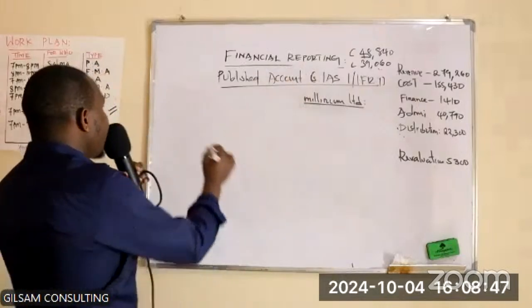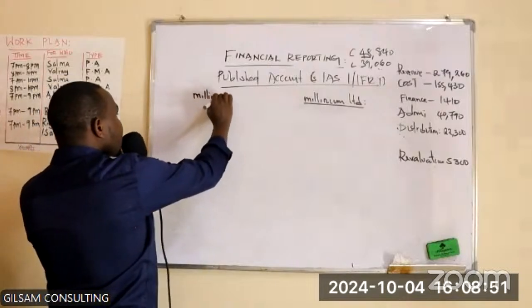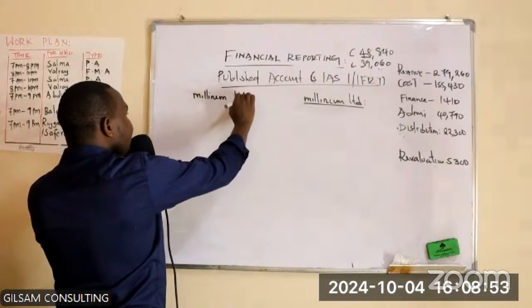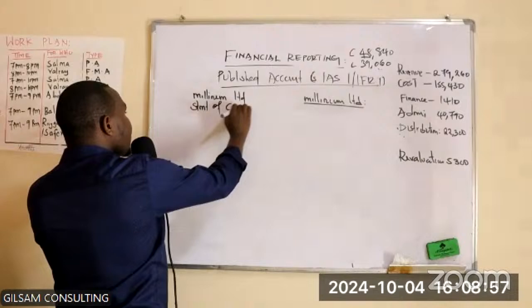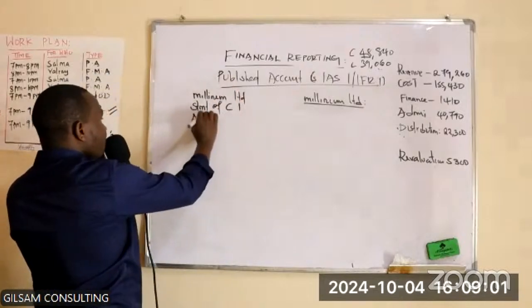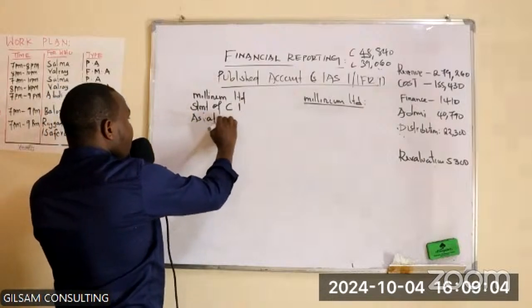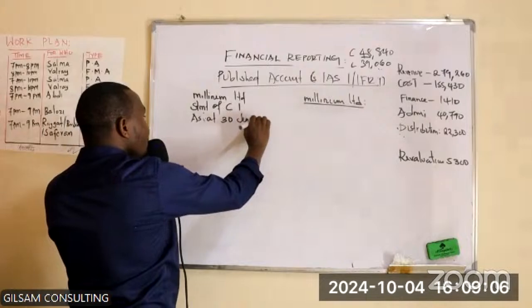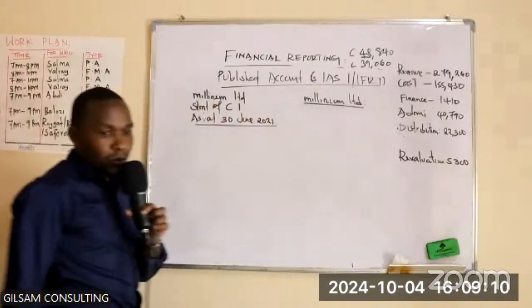So we write here Millennium Limited, the statement of comprehensive income as at 30th June 2021.